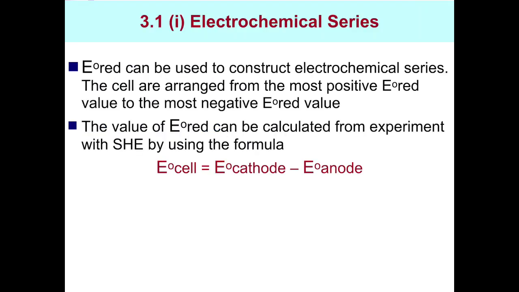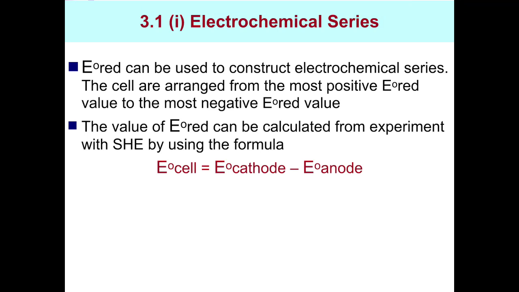The electrode reduction potential can be used to construct the electrochemical series. The cells in the electrochemical series are arranged from the most positive E° reduction value to the most negative E° reduction value.